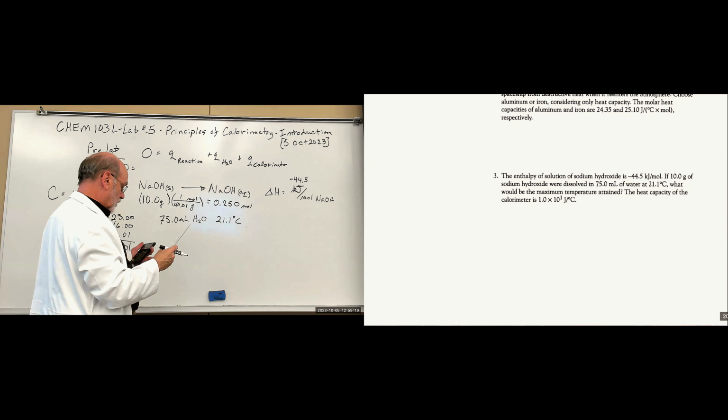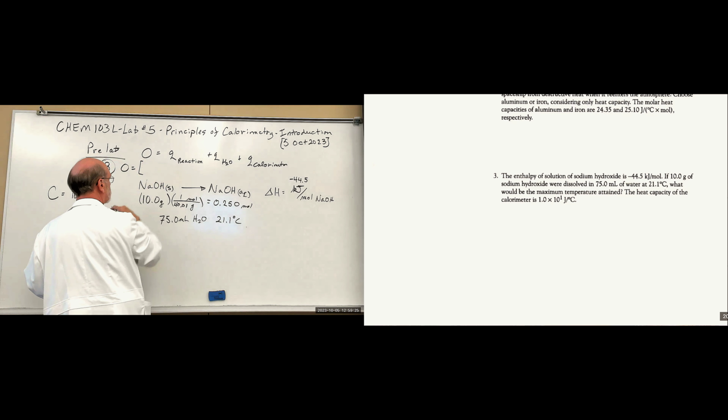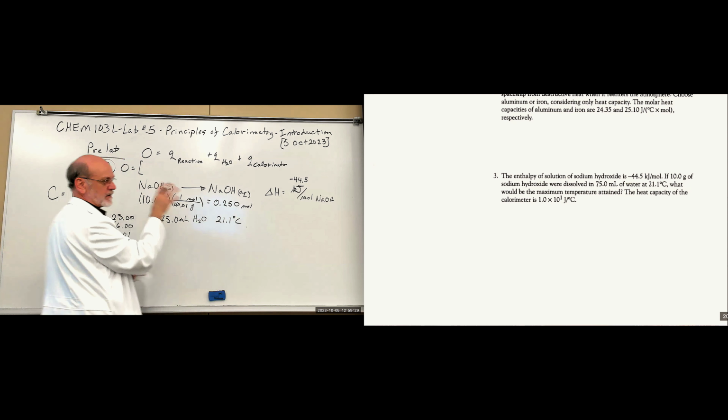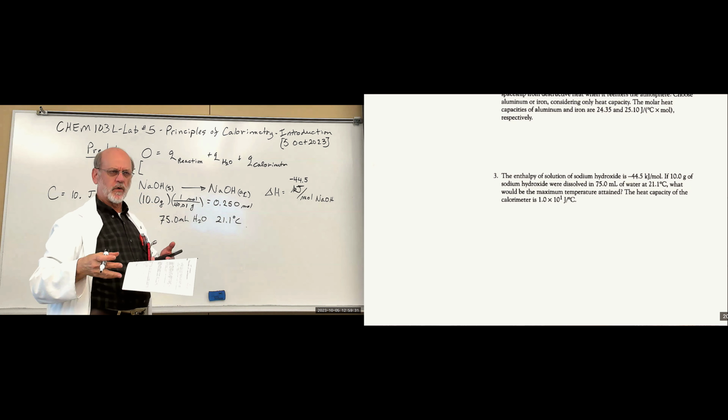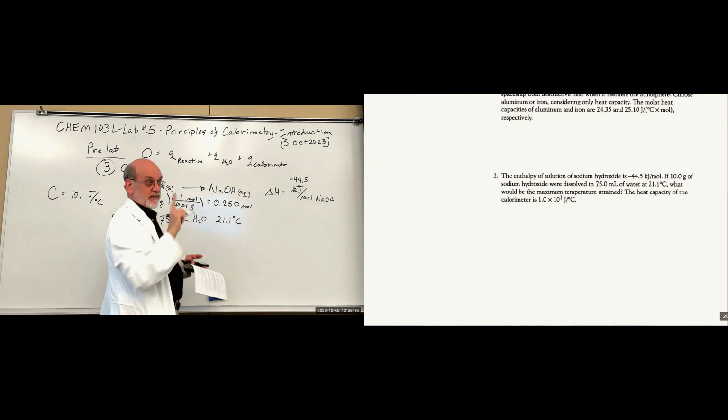So now we can introduce the Q for the reaction. The Q for the reaction is simply going to be, and we don't have to use that specific heat formula, because this is a reaction, all we need is dimensional analysis. We've got this many moles, we've got this much heat delivered per mole.